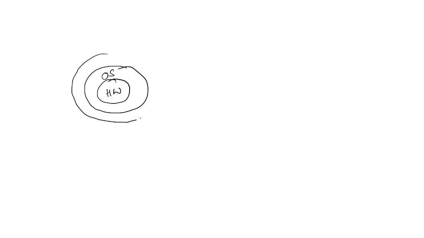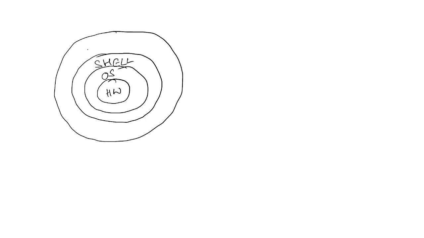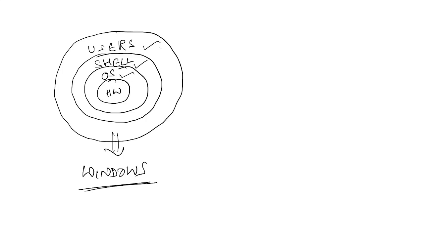For Windows, if I consider this part as hardware, then there is a layer called the OS layer, then comes the shell layer, and next comes the users layer. So hardware, then the operating system, then the shell, then the users.